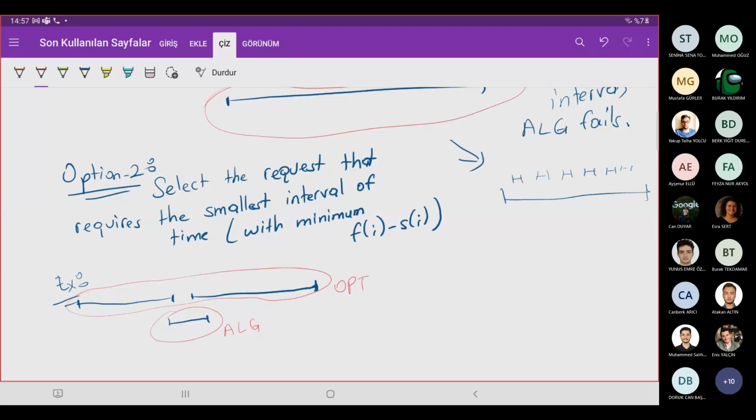For example, pick the request that has the least number of overlaps with the other requests first, right? Because if I select that request, then I will have to remove fewer requests from the solution, right? For example, on this example, it would work because the small one on the bottom overlaps with 2 intervals, whereas the other ones, it's only 1, okay? So I would select one of the top 2.